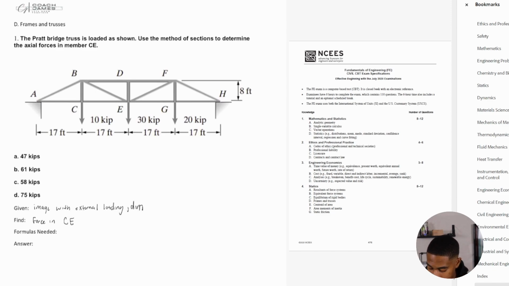Let's change the color. Black is kind of boring. All right, so the force in CE and anything else. We need to do it using the method of sections. What is the method of sections?